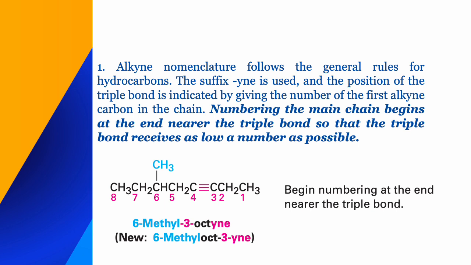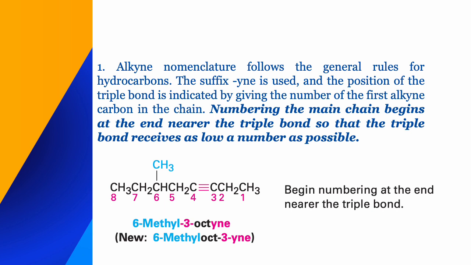The second thing that we have to consider is how we are going to assign the numbering on the carbons. According to the rule, we have to number the main chain beginning at the end nearer the triple bond so that the triple bond receives as low a number as possible. If we start from the right, the triple bond occurs in carbon 3 and carbon 4.